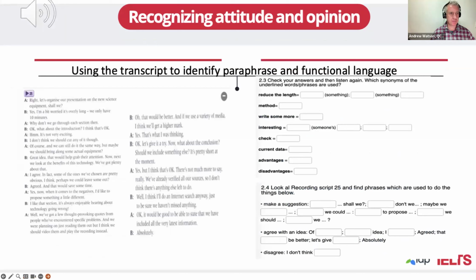So now this is related to talking about, this is describing a research project, I think, that we saw earlier.